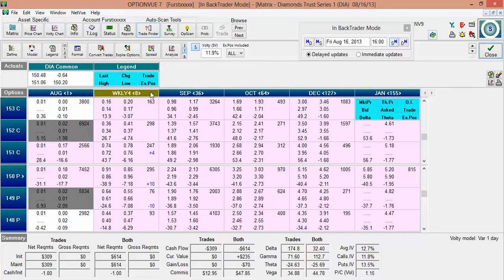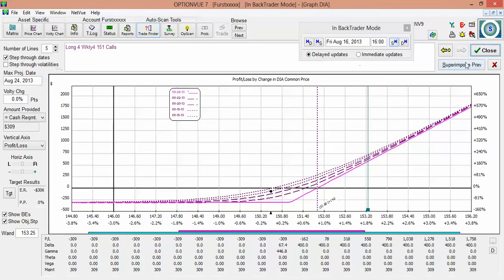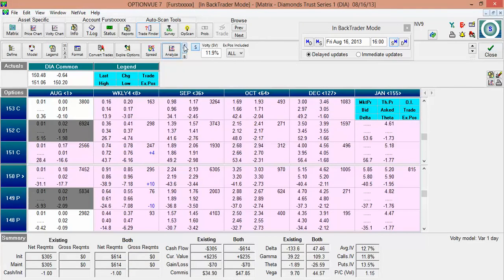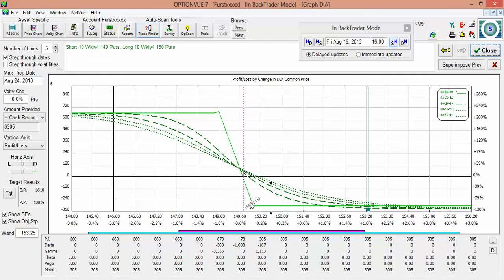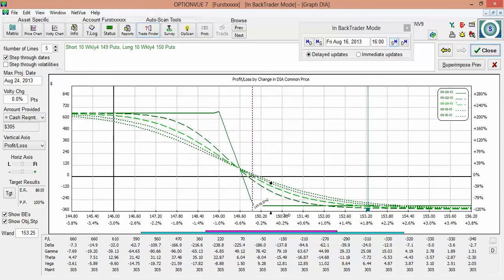And so I have a plan as to how I'm going to handle this trade if the DIA is going to go down. I already have that trade in place. I'm expecting potentially a 149 move, or even lower, down to 146, 145.